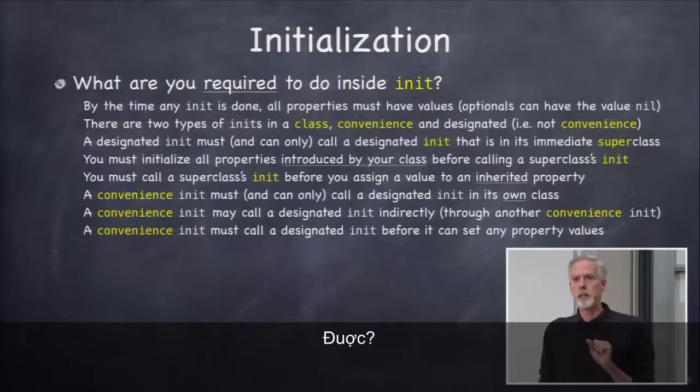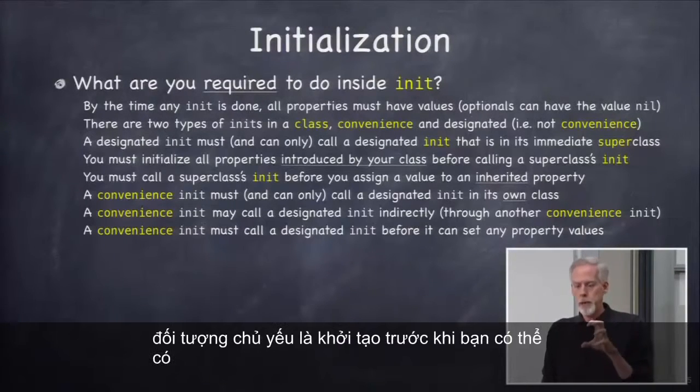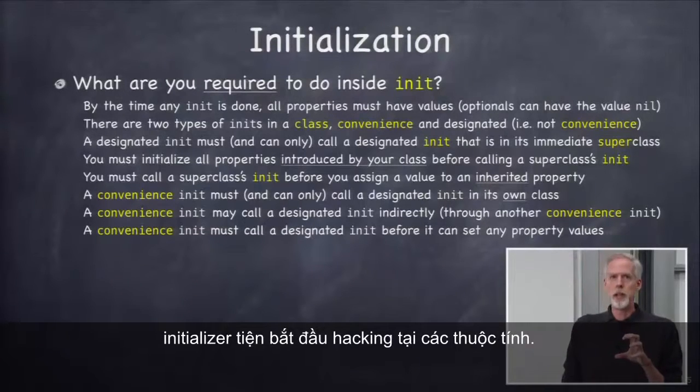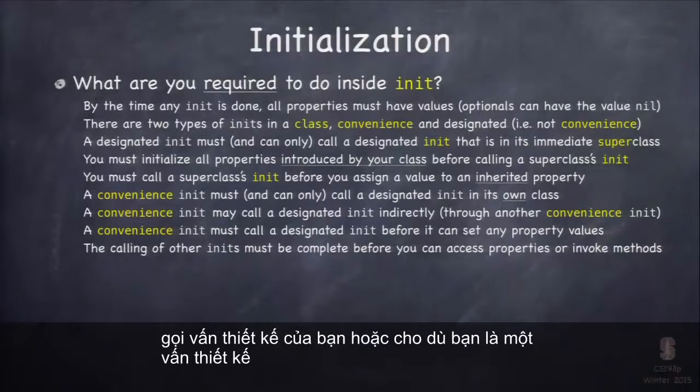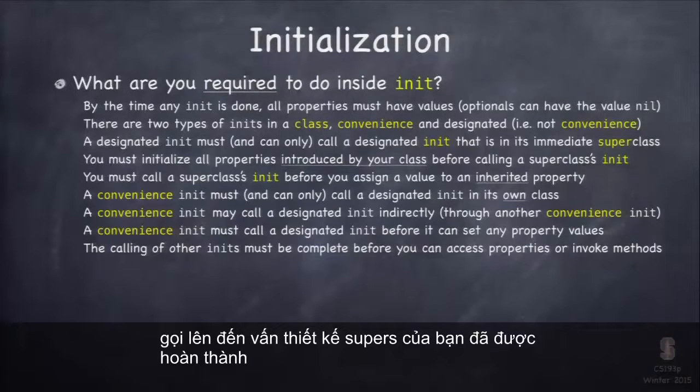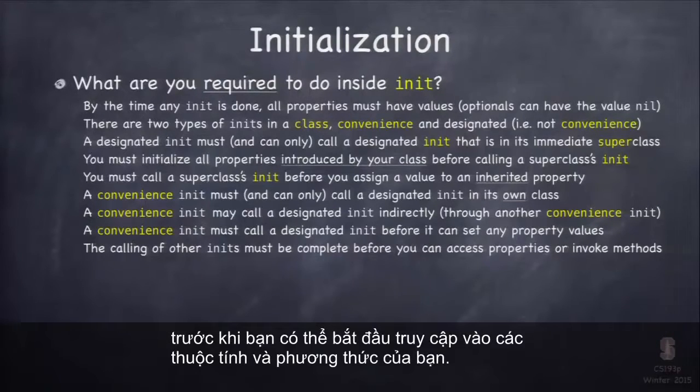A convenience initializer must call that designated initializer, directly or indirectly, before it can touch any values, obviously. You have to get your object primarily initialized before you can have the convenience initializer start hacking at properties. The calling of other inits, whether you're a convenience initializer calling your designated initializer, or a designated initializer calling up to your super's designated initializer, has to be complete before you can start accessing your properties and methods.